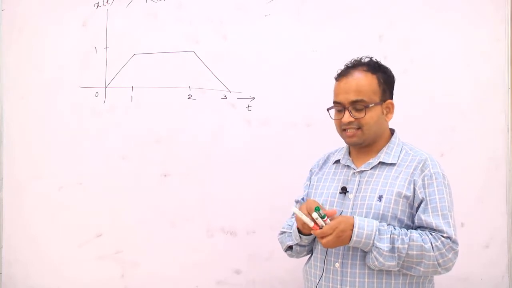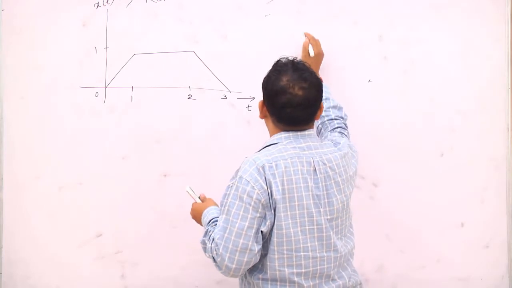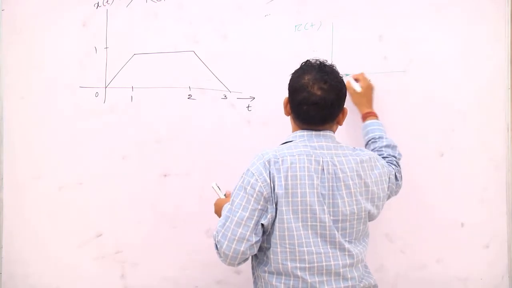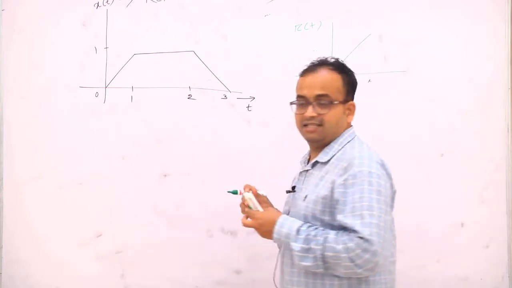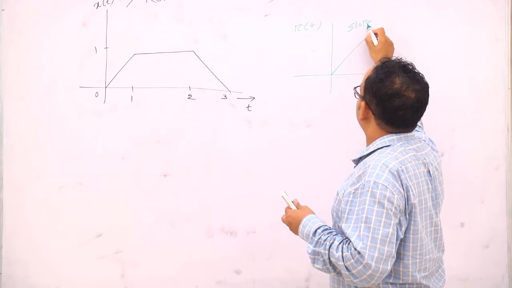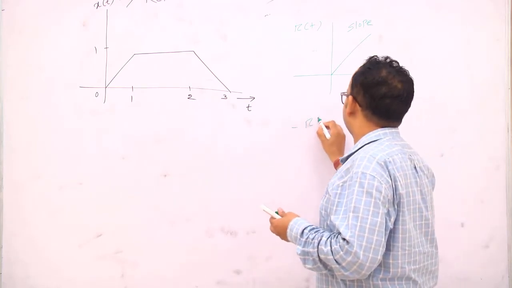What is the ramp signal? We can write r of t like this, right? So the slope is 1. Let me draw minus r of t.